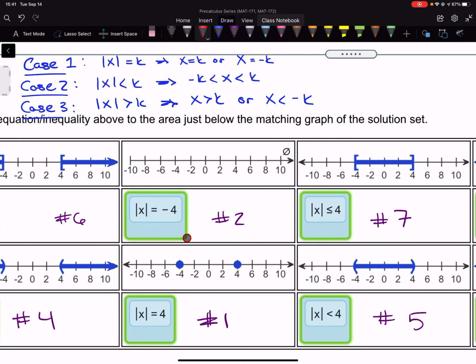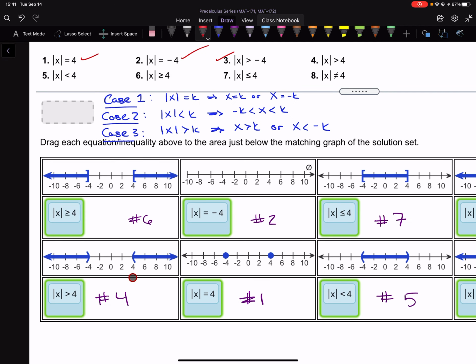Number 4 fits the bill, and this graph here fits the bill, but it also looks like this one can fit. The only problem is that the inequality sign is strict, so we can't include those 2 points there. So number 4 is going to go down here.